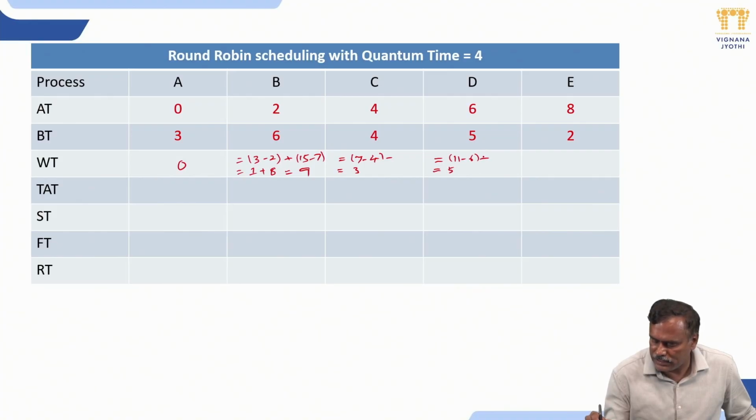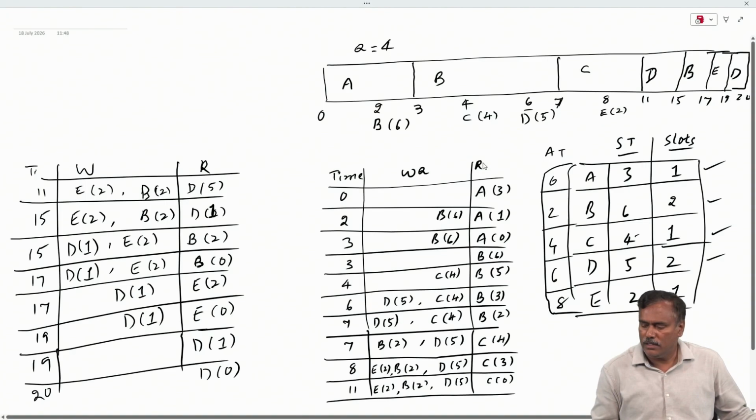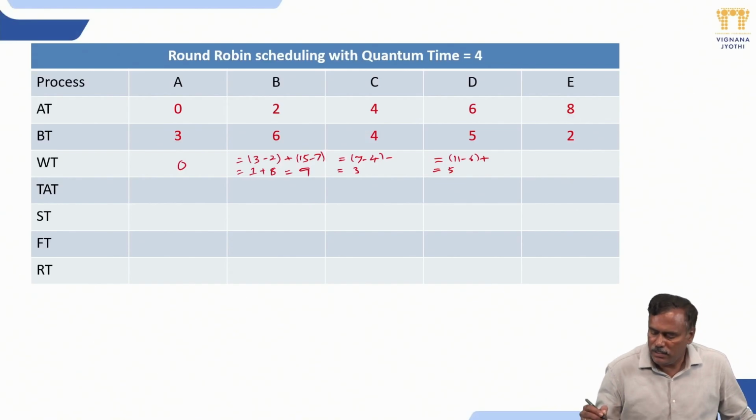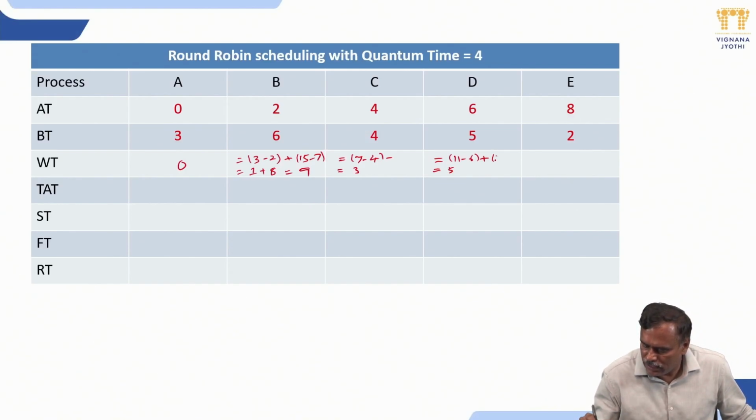So in 2 slots it has executed: waited from 6 to 11, executed from 11 to 15, and then waited again from 15 to 19. The difference of 15 and 19 is 4. So 5 plus 4, this is going to be 9.